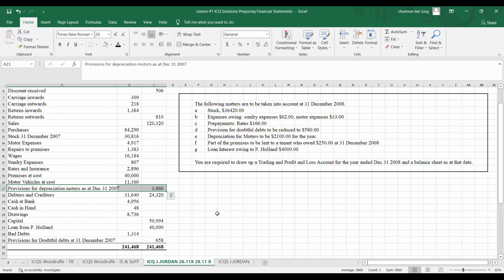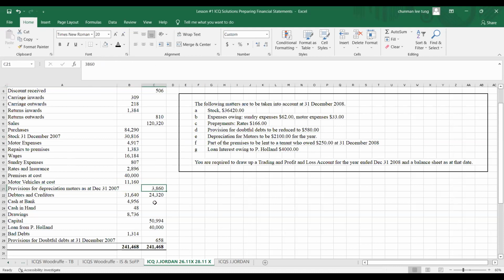So in our profit and loss account for the motor vehicles, it was $2,100. We accounted for $2,100 in the profit and loss account. We just did that. But we don't just put that as the answer because we see provision for depreciation. We have something else here, provision for depreciation.